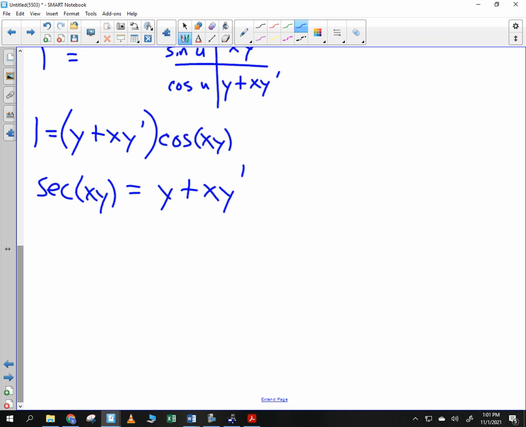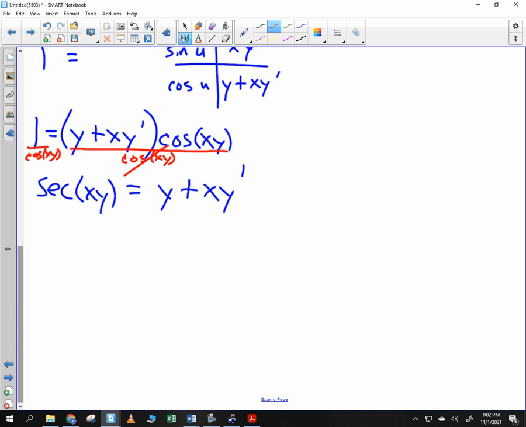So I divided by cosine of xy, and 1 over cosine of xy is secant of xy.